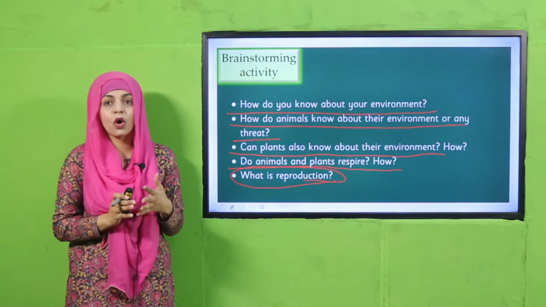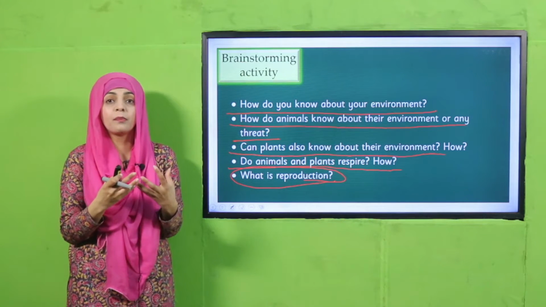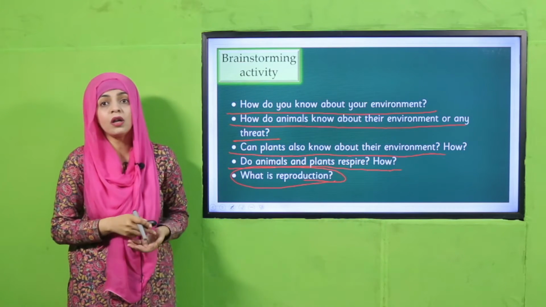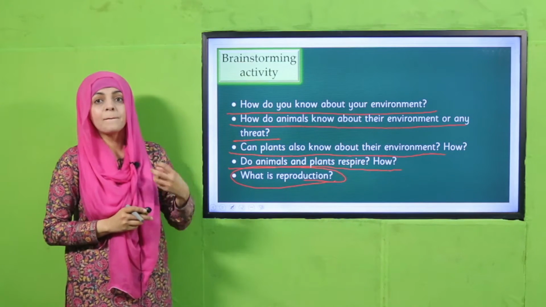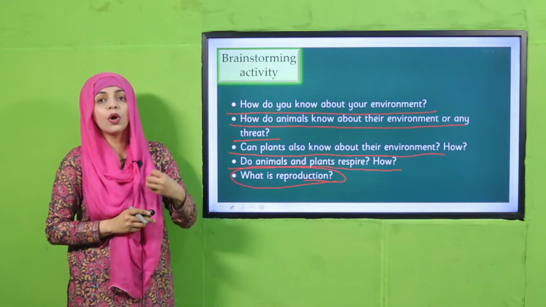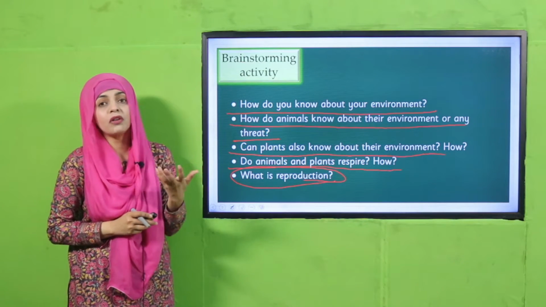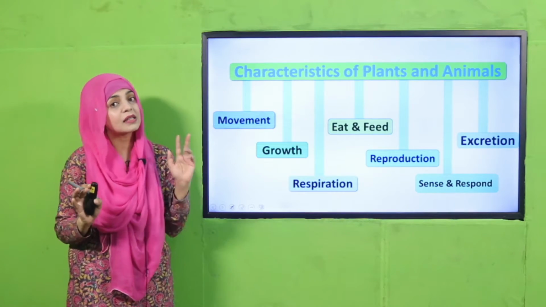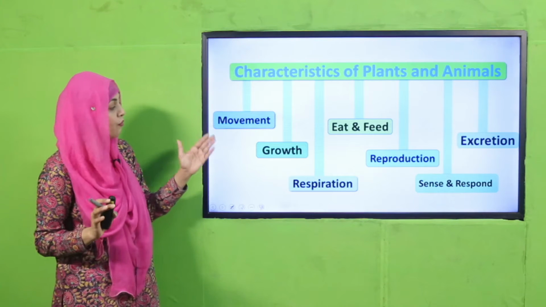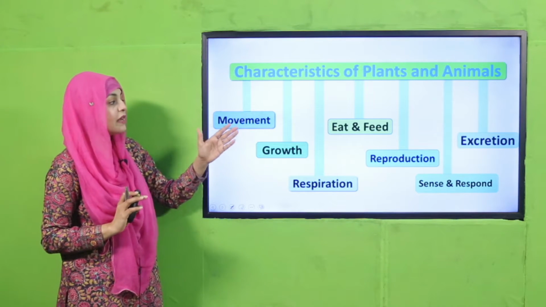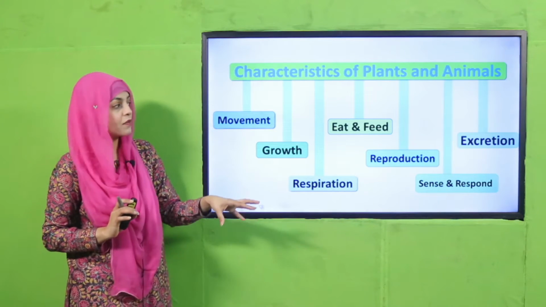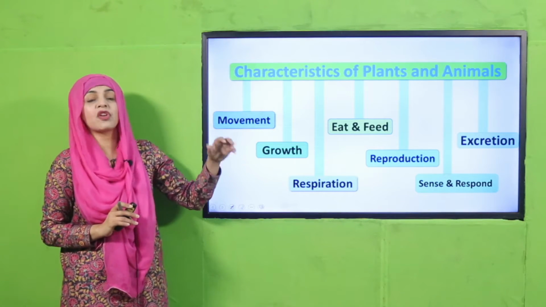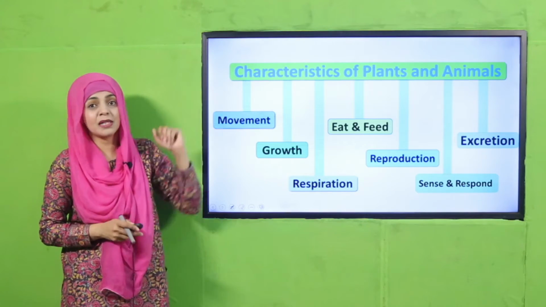When an animal or a plant gives birth to a new being like themselves, that is called reproduction. So the characteristics of plants and animals, which were also discussed in the previous lecture: both can move, grow, respire, eat and feed, reproduce, sense and respond, and excrete. So these are the characteristics, features, behaviors, or habits of plants and animals.